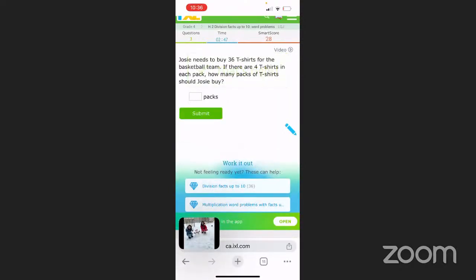Okay, good. Okay, Abdullah Zishan, this one, Josie needs to buy 36 t-shirts for the basketball team. If there are 4 t-shirts in each pack, how many packs should Josie buy?